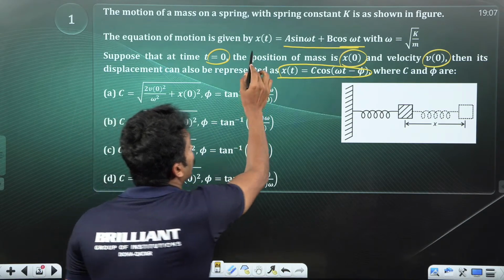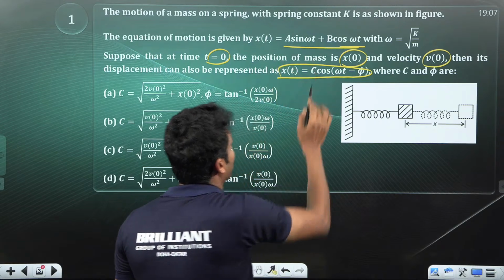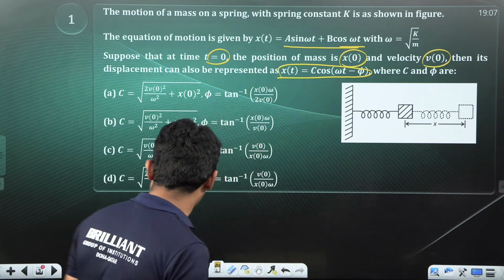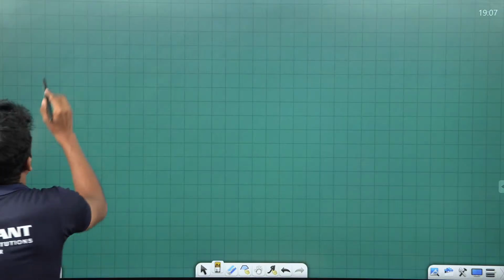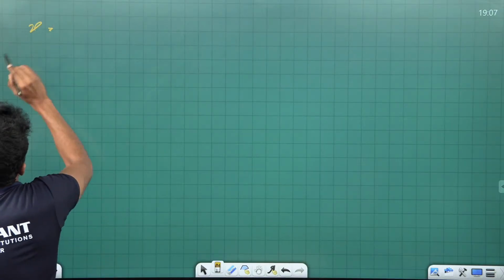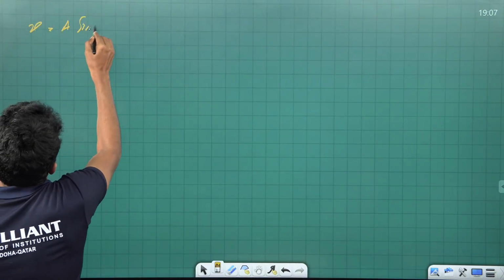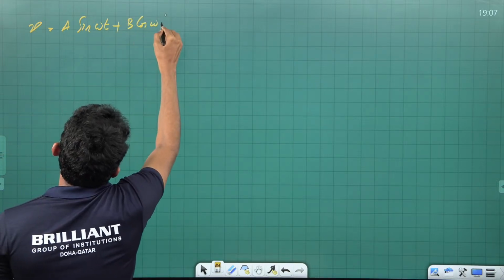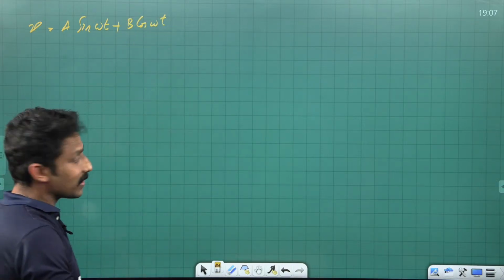See here, simple harmonic motion is given as x(t) = a sin ωt + b cos ωt.